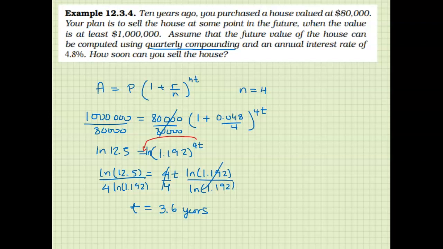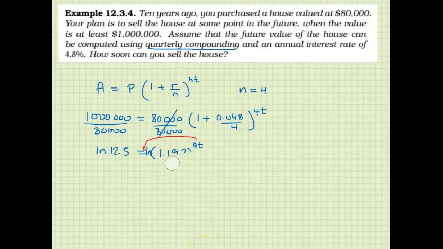That does not sound right. I think I made a mistake here. Okay, 1 plus 0.048 divided by 4. Oh yeah, I wrote 9. I don't know what happened there. There's no way that it takes 4 years.